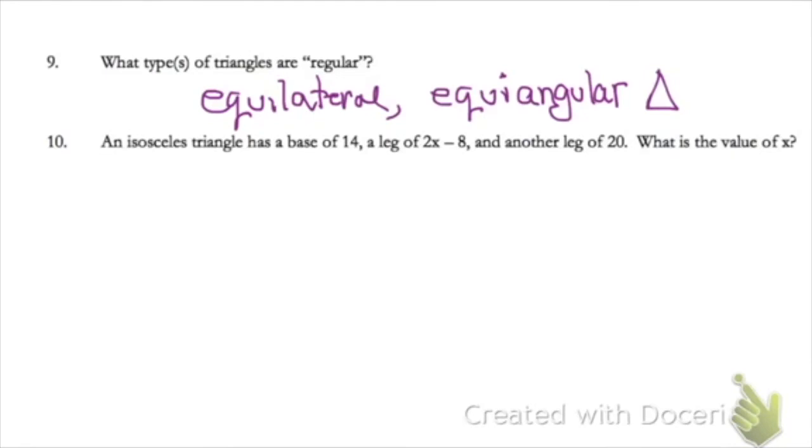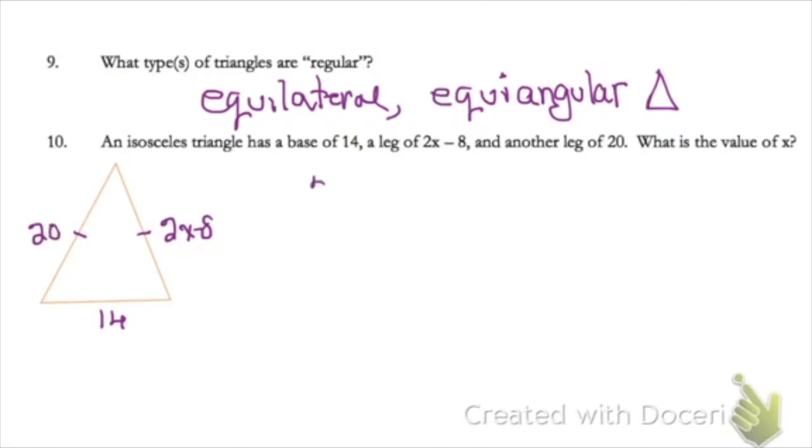Number 10: an isosceles triangle has a base of 14, a leg of 2x minus 8, and another leg of 20. What is the value of x? The thing I want you to do again is draw this. They said our base was 14, and it is an isosceles, so I know these two sides are congruent, and one of those is 2x minus 8, and the other is 20.